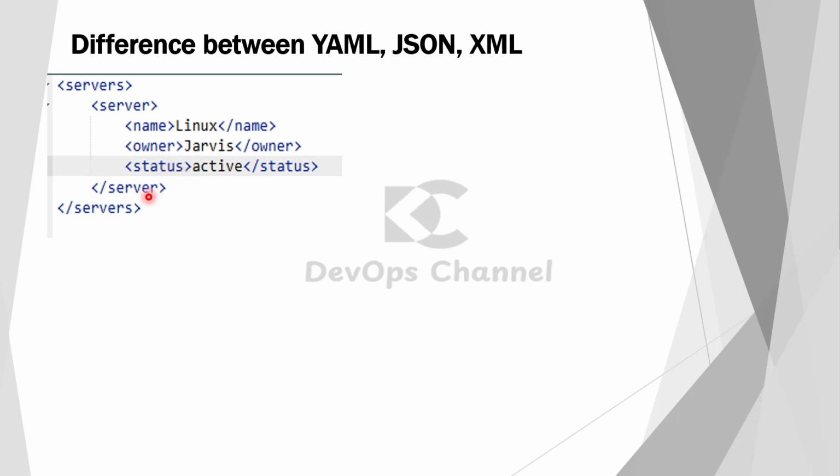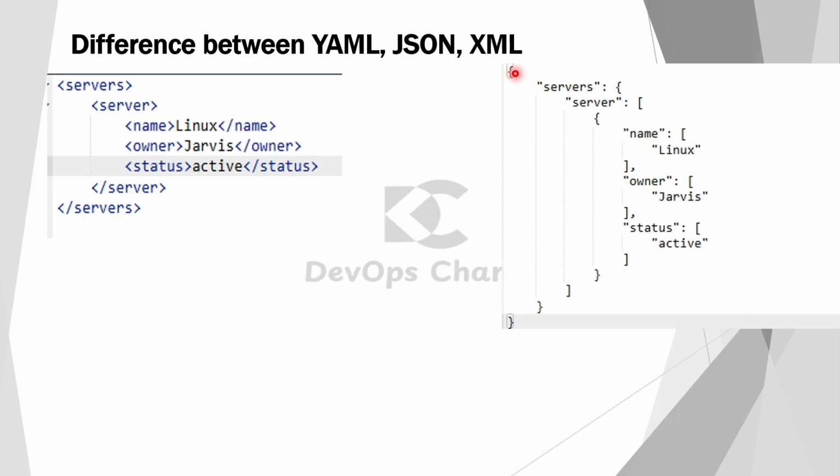Now if you move this to the JSON format, there is a family of braces, then a servers definition, then inside it a server, and then three properties inside it. Now how would you show this in YAML?